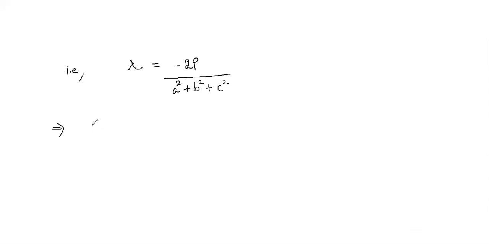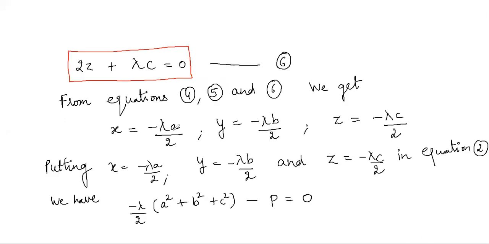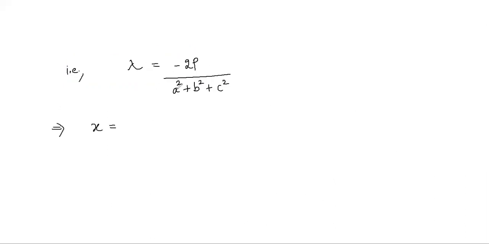This implies, what will be our x? x was minus lambda a by 2. Let us put lambda here. 2 will cancel out and we will get x as ap divided by a square plus b square plus c square.